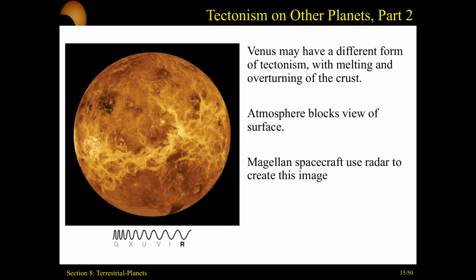One example is this image from the Magellan spacecraft that flew by and used radar imaging. Remember, radar is very good at passing through gases because it has long wavelengths. Using radar, we're able to get an idea of what the surface features look like, and we see these crazy banding patterns, which led us to believe in this concept of the crust melting and turning over constantly.